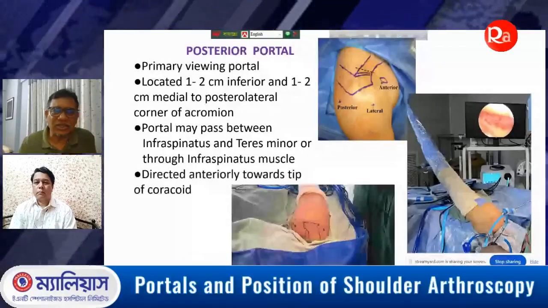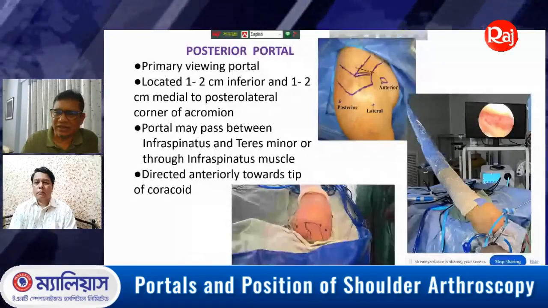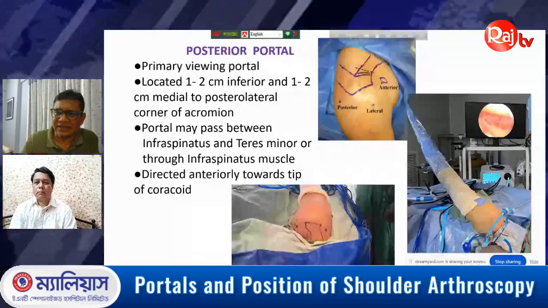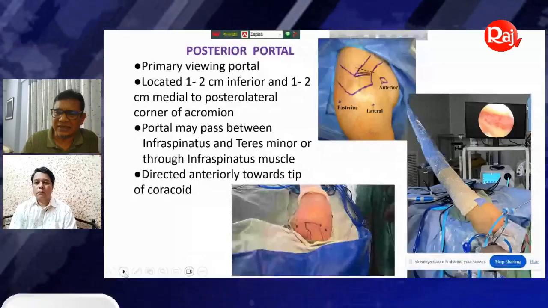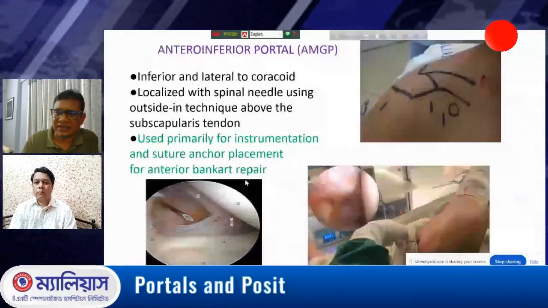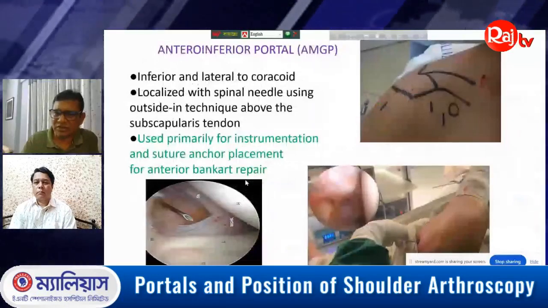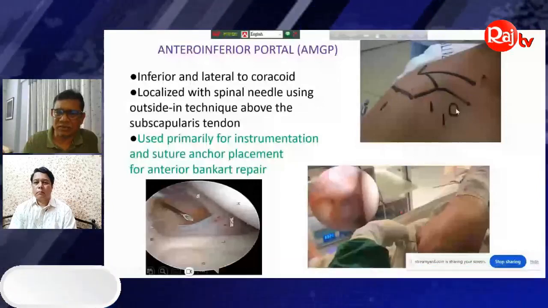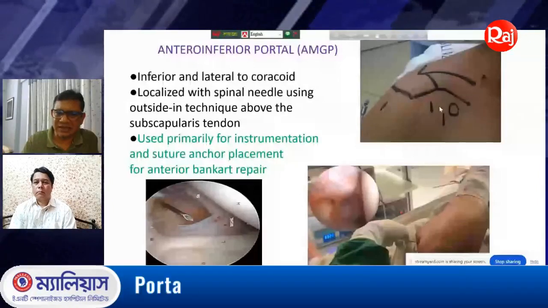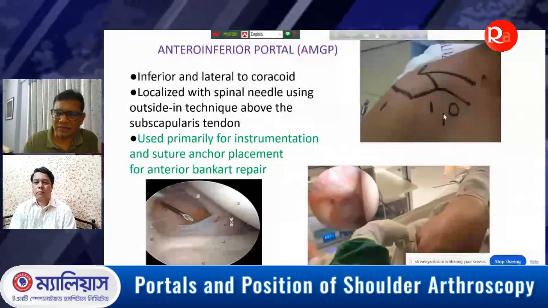And next come to the anterior-inferior portal. Again it is seen, this is anterior, that is lateral, and this side is posterior. This is the anterior side, this is the tip of the coracoid, and the anterior-inferior portal is created just inferior and lateral to the tip of the coracoid.